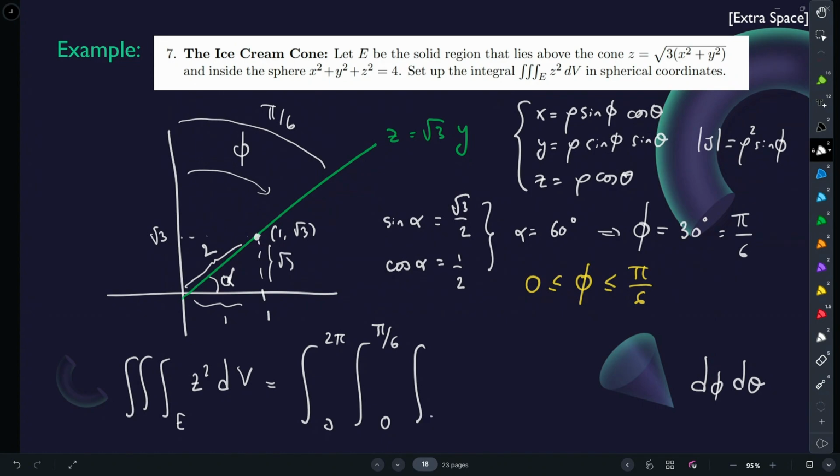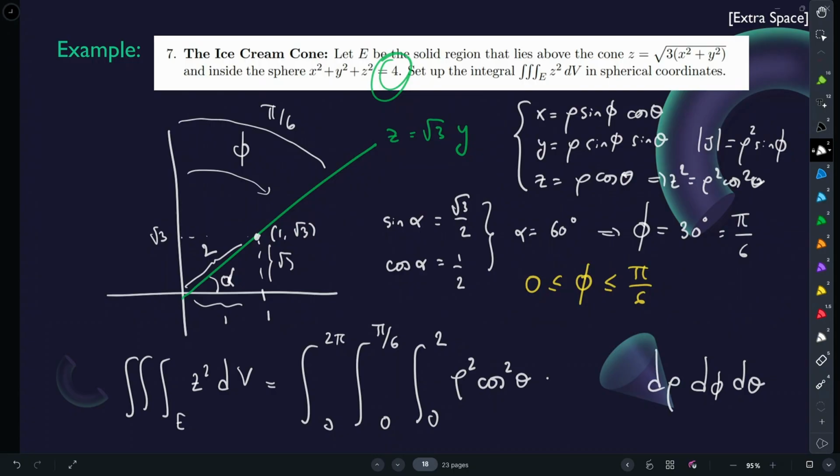Rho is going between 0 and 2, up to the radius of the sphere. Then I need z squared. From here, z squared is rho squared cosine squared of theta. So I get rho squared cosine squared of theta.